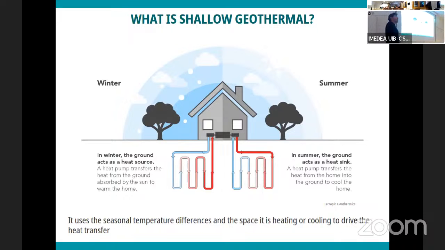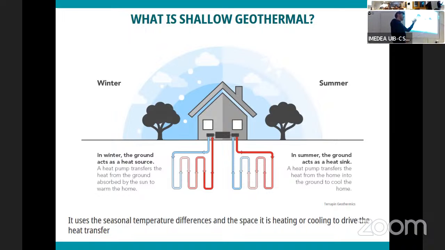Okay, so what happens in winter? In general, as a summary, we use the seasonal temperature difference of the specific space, and then we use this temperature for heating or cooling. In winter, we obtain the cold from the surface.